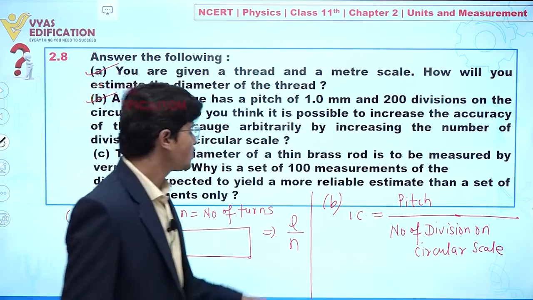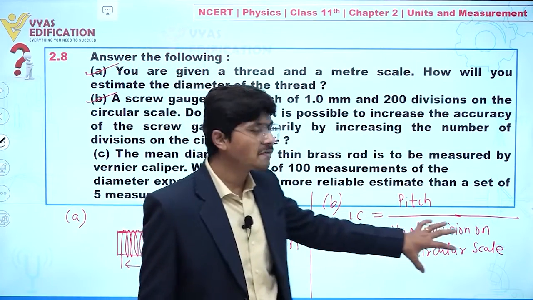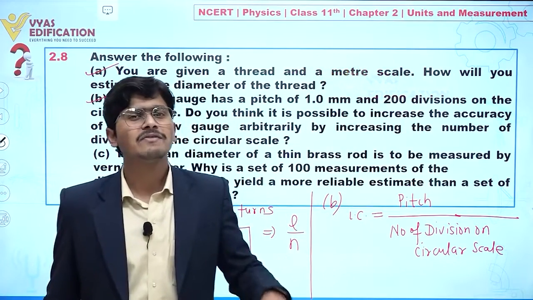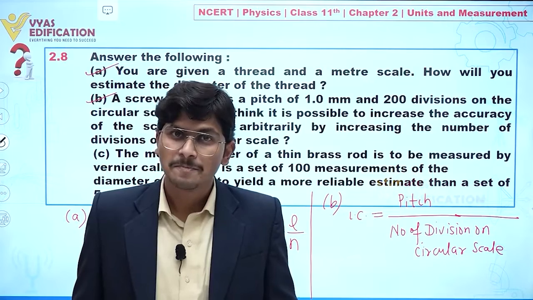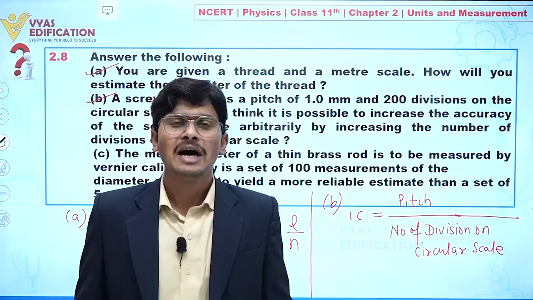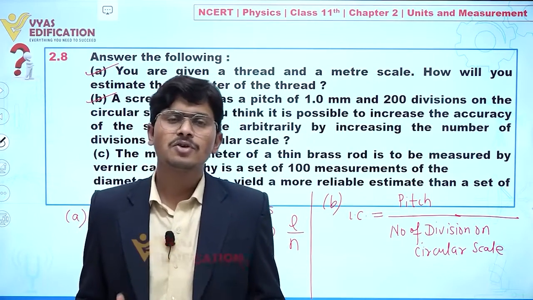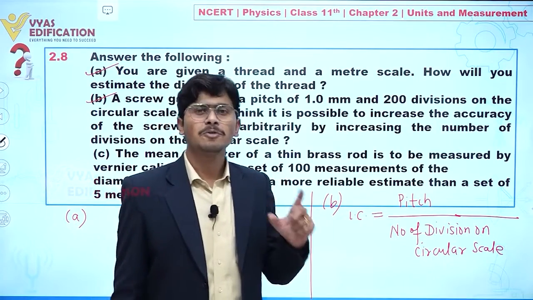So now you can say generally it is observed that if we increase the number of divisions on a circular scale, the least count becomes less, and when the value of least count is less, it means the instrument becomes more precise. But actually we have a limitation in our eyes. If we talk about optical resolution, our eyes have a specific optical resolution.